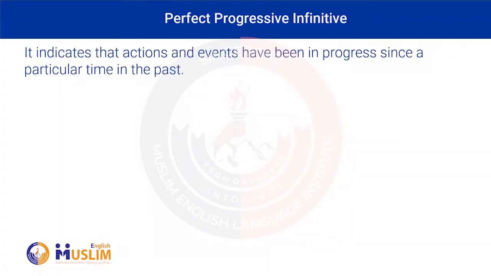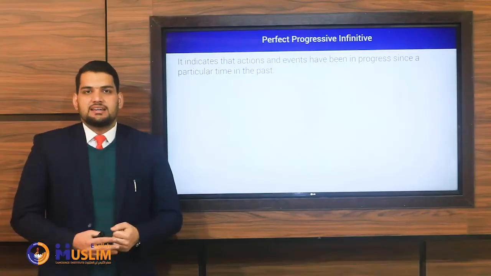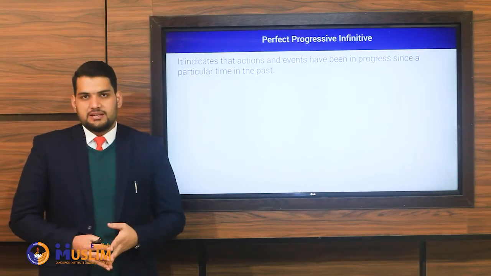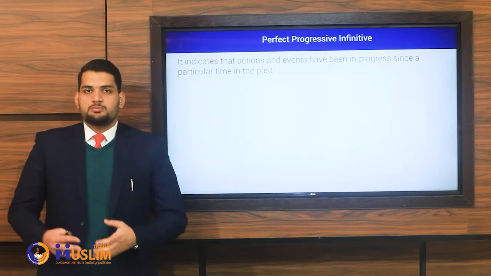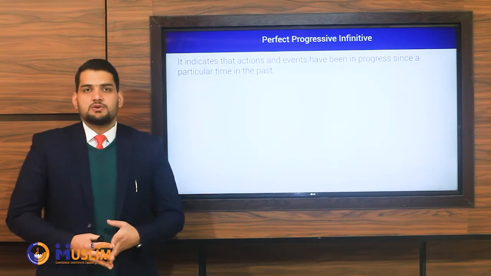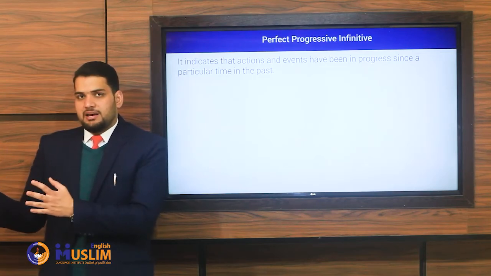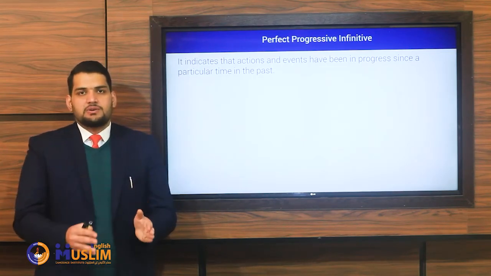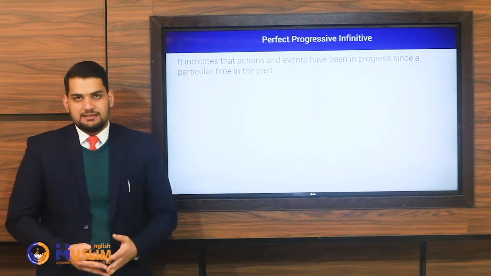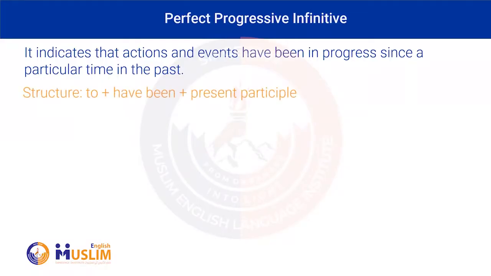So it indicates that actions and events have been in progress since a particular time in the past. Just like the present perfect progressive tense, the perfect progressive infinitive shows an action that started at a particular time in the past, and is in progress up to now. It means the present. The structure is pretty obvious.